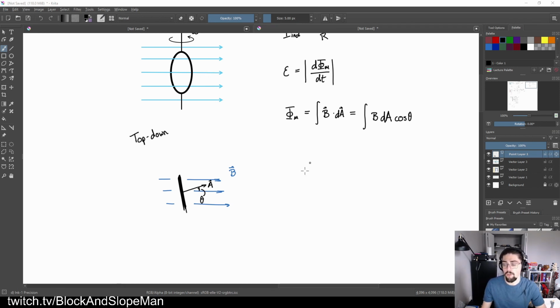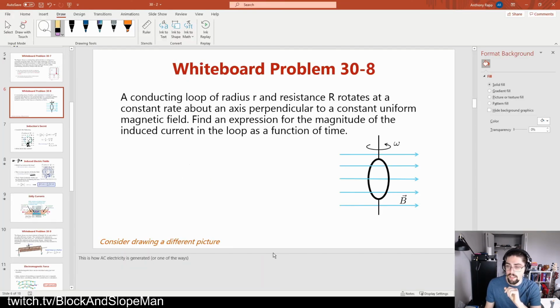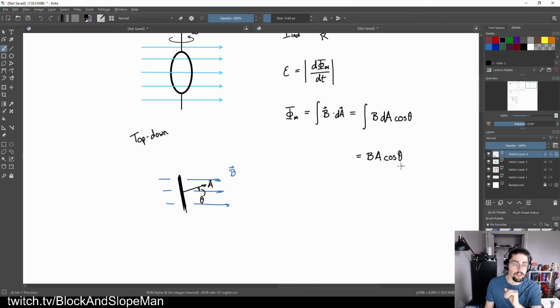So integrating over that is really just the area of the circle: BA cosine of theta. Okay. Now, we don't have any sort of expression for what the radius actually is. We know it's circular, so we could say it's pi r squared, but it's fine to just leave it as A for now.